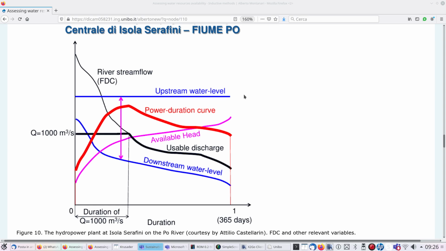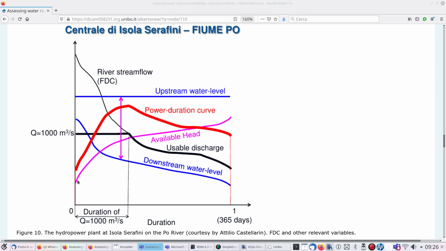Of course, the scale of river flow and the water level is different. And the downstream water level is again in blue. It's the lower curve. So you see that there is a difference between upstream water level and downstream water level, a difference in altitude that can be used to produce hydropower.